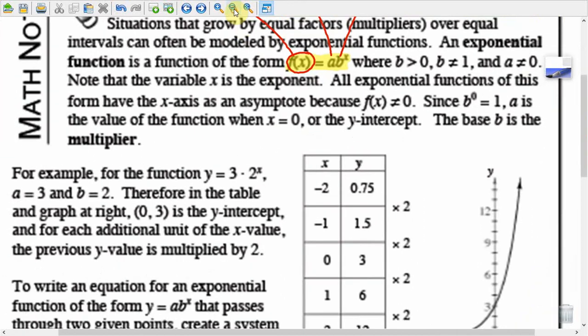So let's zoom out here a little bit. For example, in the function y equals 3 times 2 to the x, a equals 3, that's our initial value, b is our multiplier.